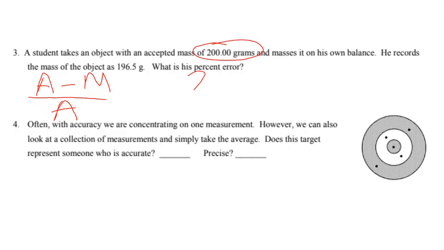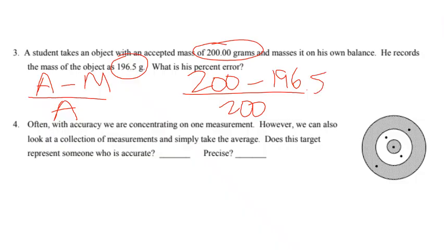So that's going to go here and here. And then he records or he measures this one. So that's going to go right here, 196.5. This doesn't matter. That's an absolute value. But it does matter that I multiply it by 100. And check yourself. Go ahead and calculate that.